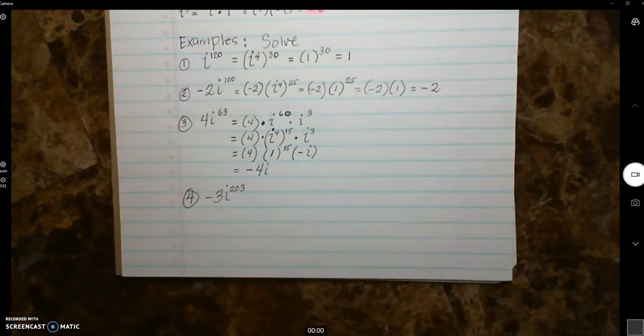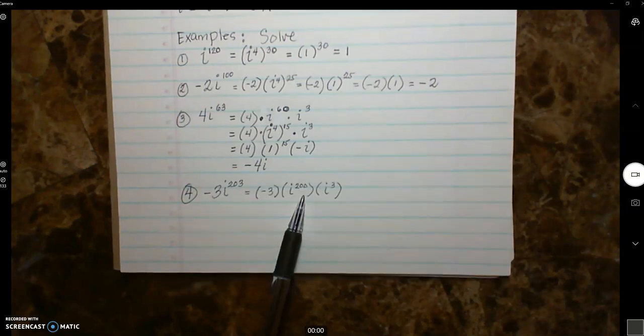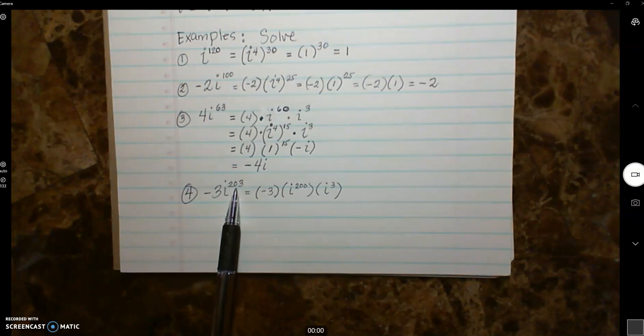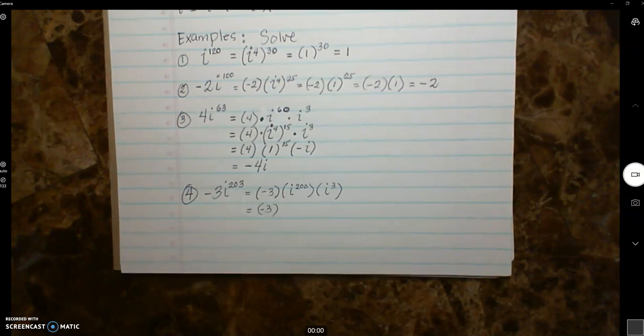Example number 4, negative 3i to the power of 203. Notice how I have distributed my 200 and my 3. Again, it's multiplied, so the rule says add them, and that adds up to 203. Copy down negative 3.